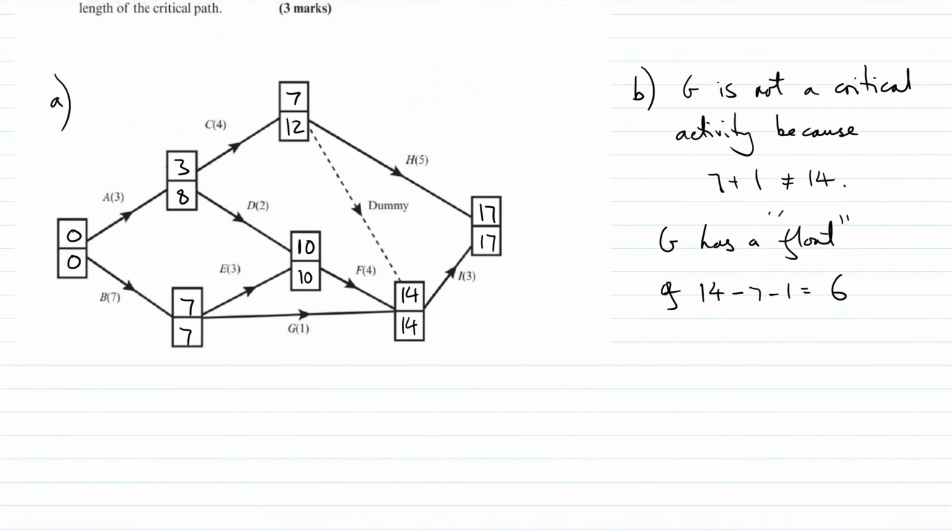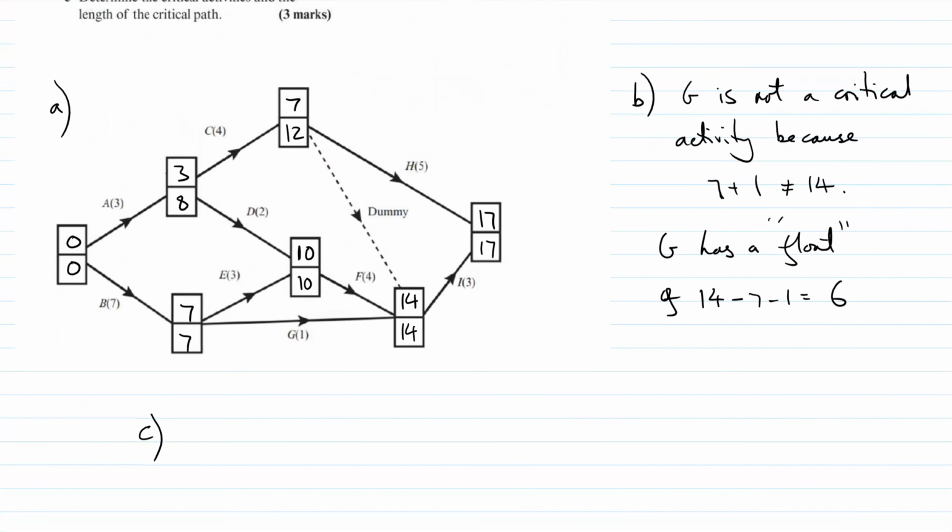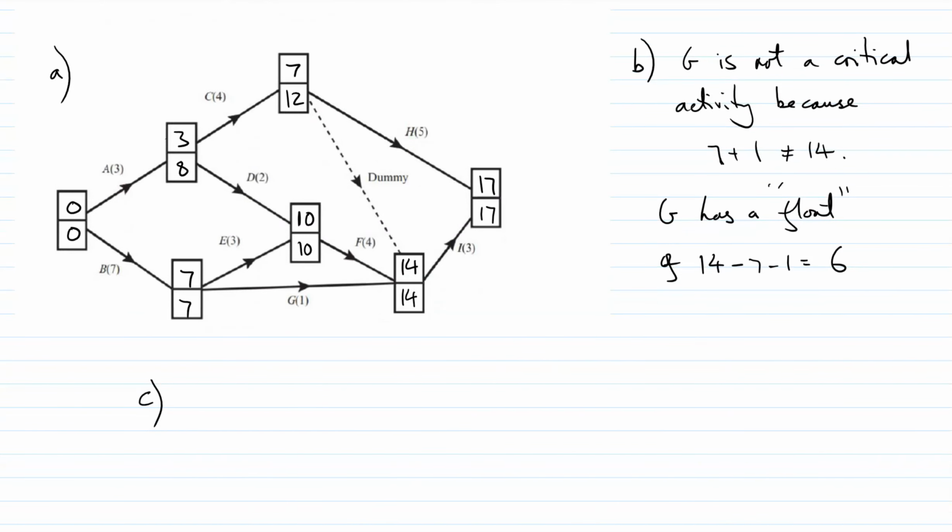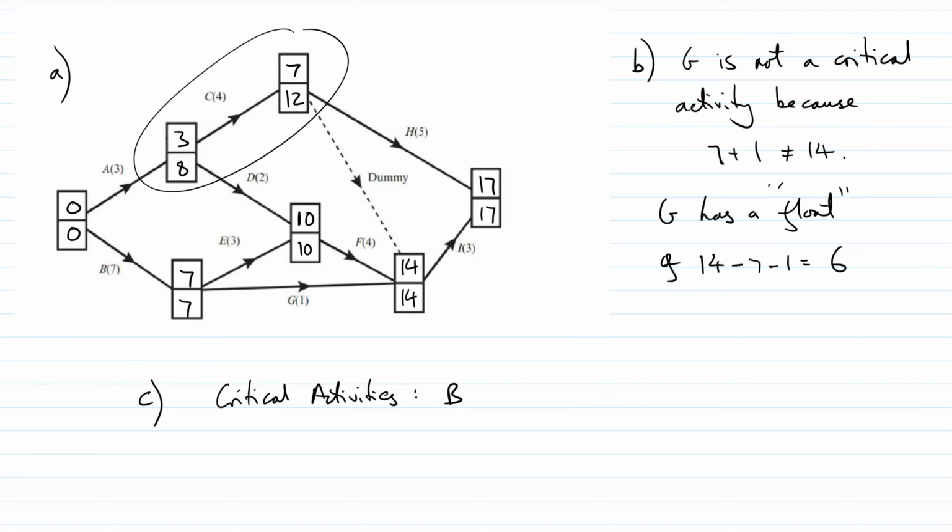And determine the critical activities and the length of the critical path. So critical activities: A, not critical because we don't have anything matching here. We just go through the whole network. We should notice that B is critical. A is not, C is not, D is not, E is critical, F is critical, G is not.